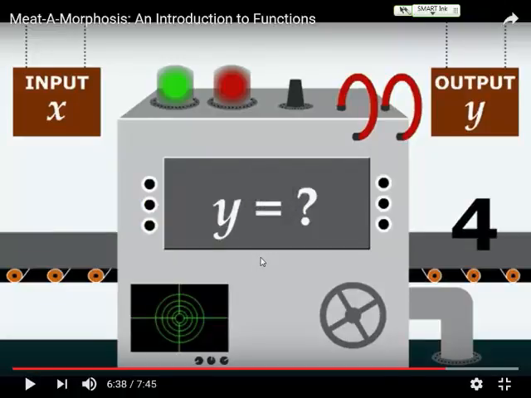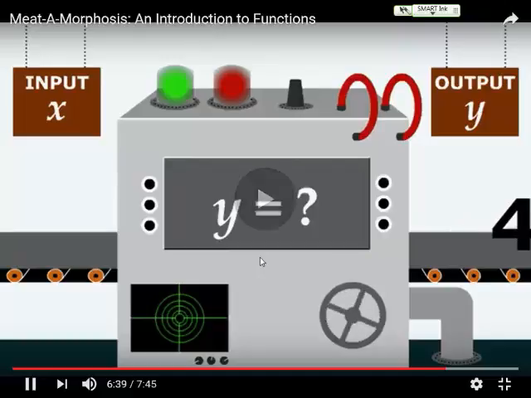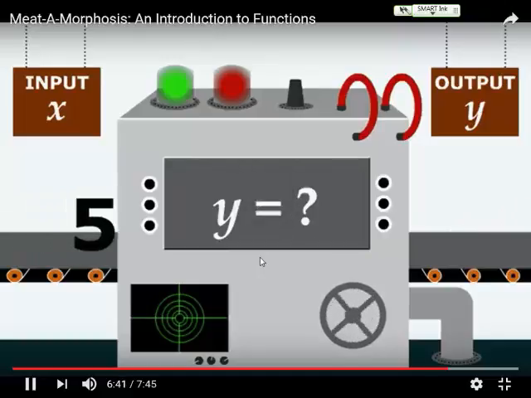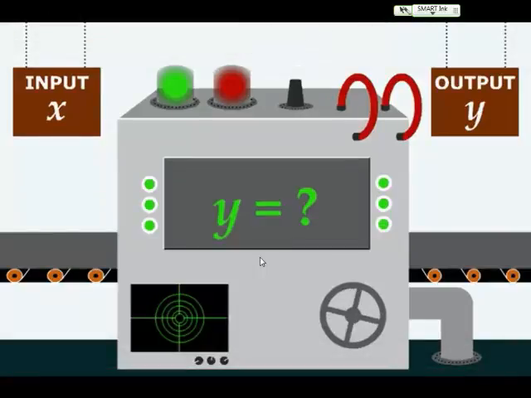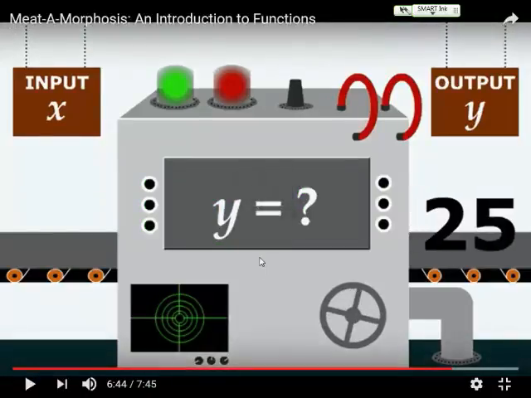What do you think happened? The 2 became a 4. Make a prediction. Okay, does it work? Did your prediction work for 5 as well?